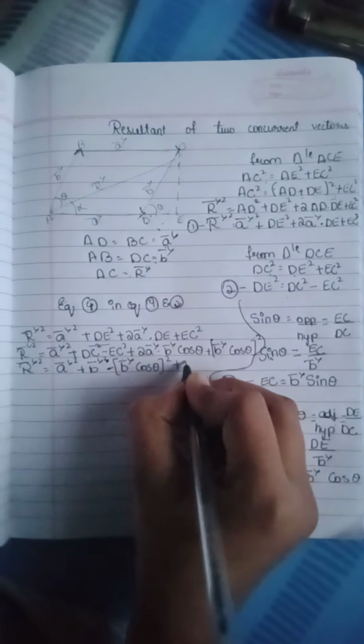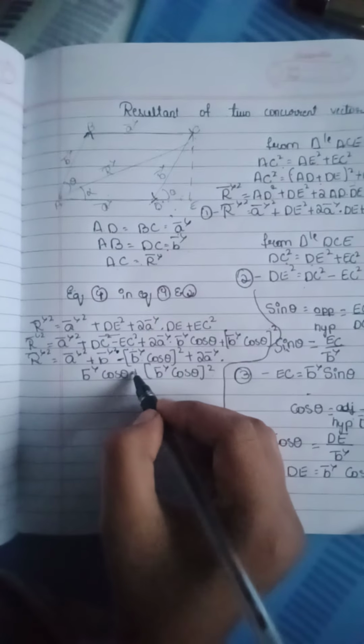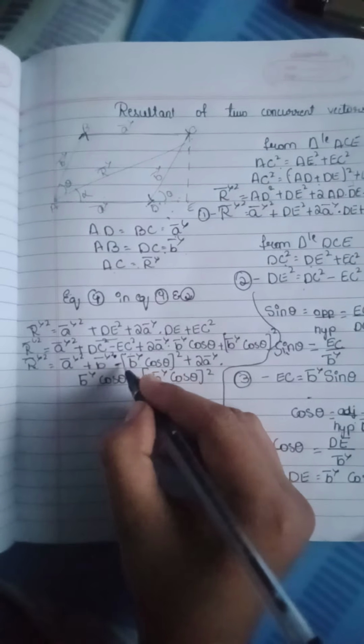Look here, the vector B sin theta whole square and the vector B cos theta whole square, the plus and minus will be cancelled.